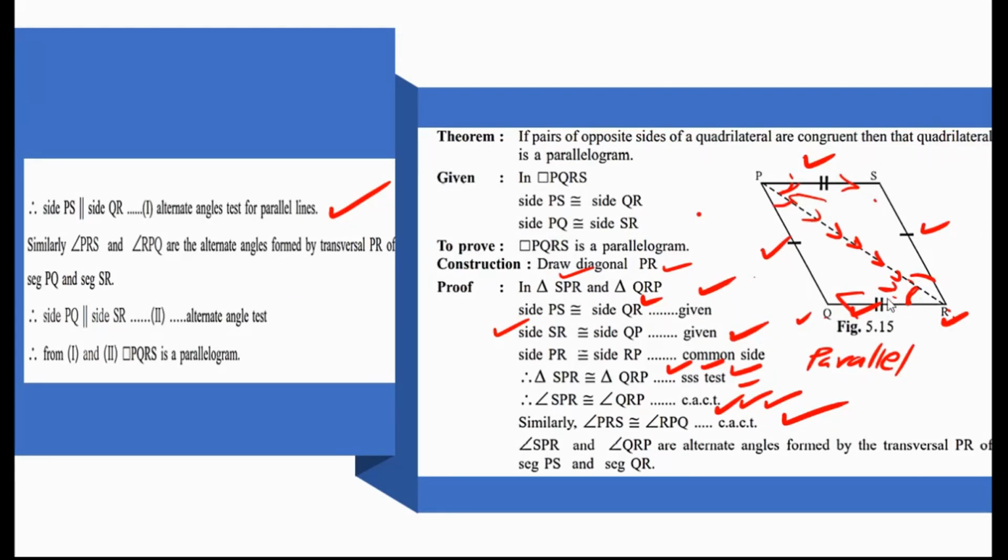That is angle QRP and the other angle here. This angle SPR and QRS we read. Then we are having PRS, this angle, and QPR. Both are congruent. Where we will be considering this angle.